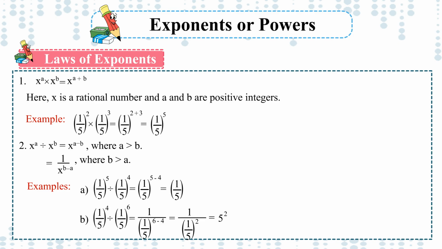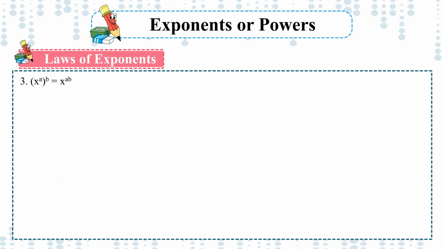b. 1/5 raised to the power 4 divided by 1/5 raised to the power 6 is equal to 1 upon 1/5 raised to the power 6 minus 4 is equal to 1 upon 1/5 raised to the power 2 is equal to 5 raised to the power 2. 3. x raised to the power a, raised to the power b, is equal to x raised to the power ab.